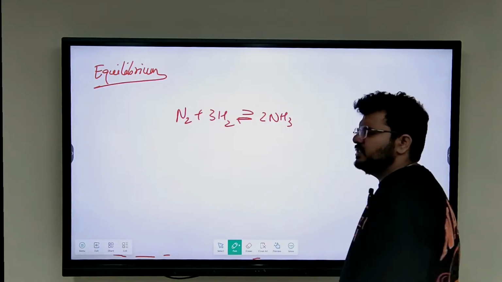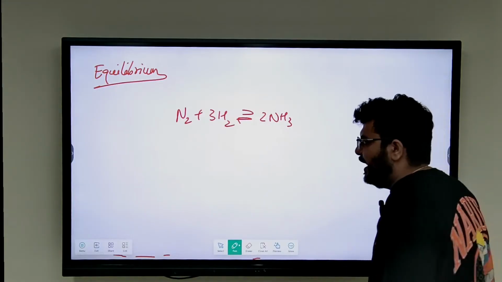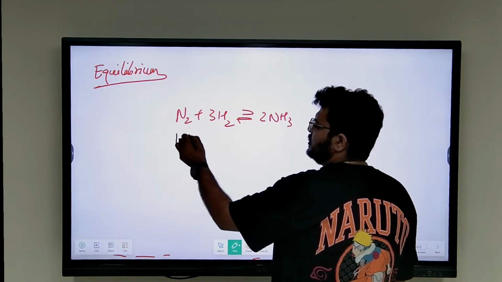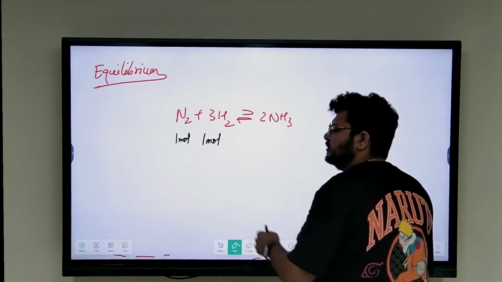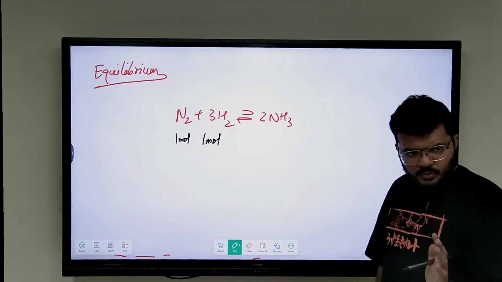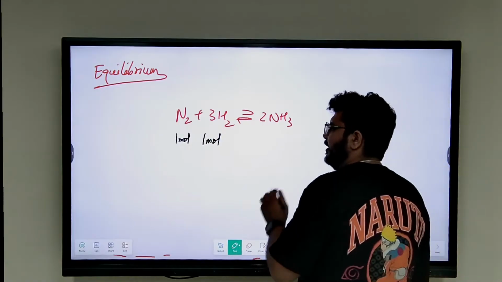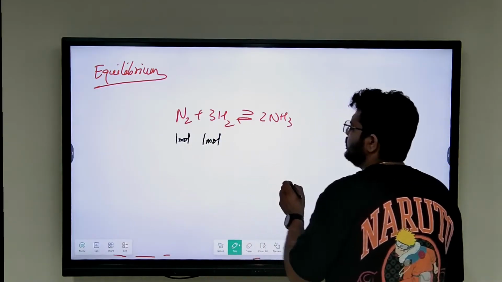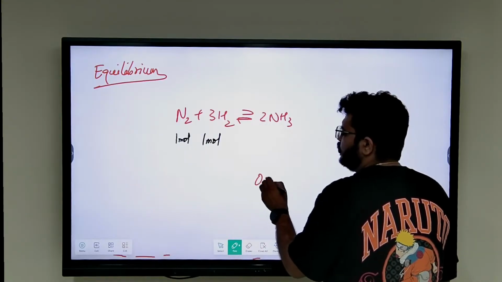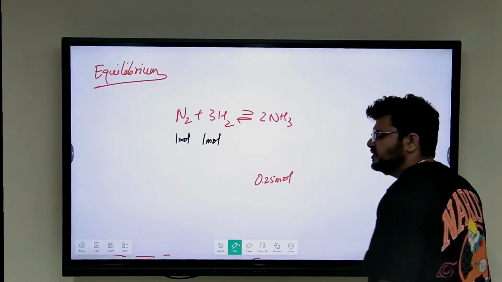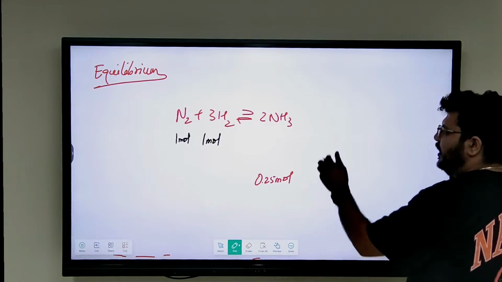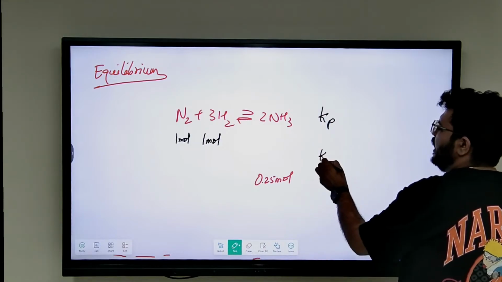let's suppose this is an equation. Okay, you add 1 mole of nitrogen and 1 mole of hydrogen, right, to produce ammonia, right? Initially you have this much quantity. When equilibrium is reached, you have 0.25 mole of NH3 and they have asked you to find Kp and Kc.